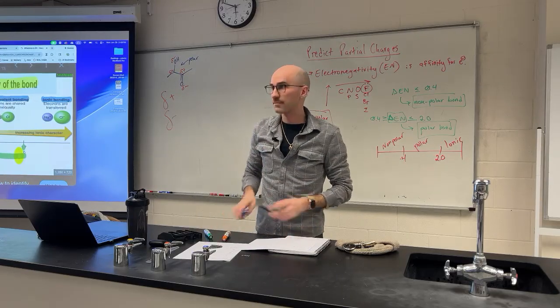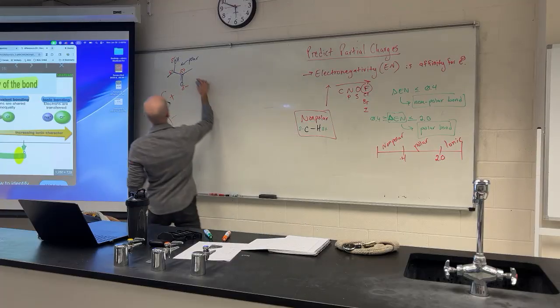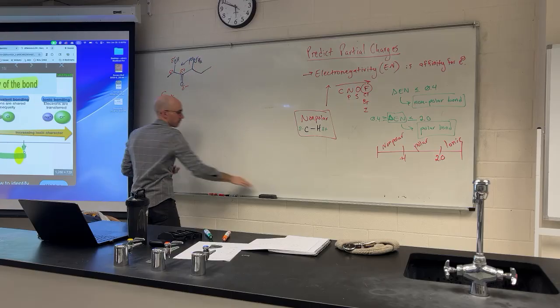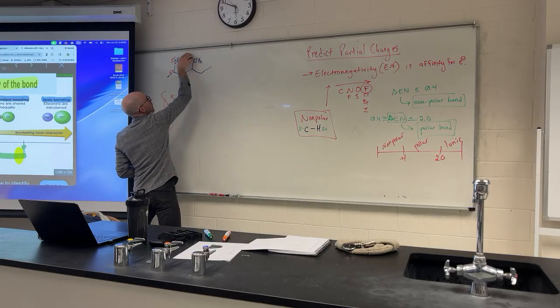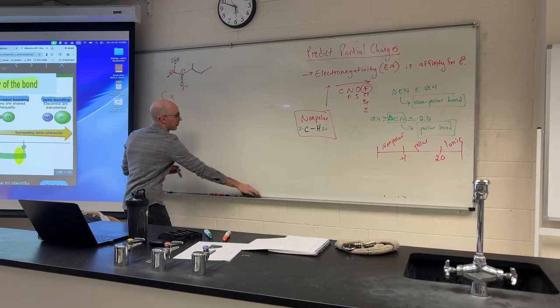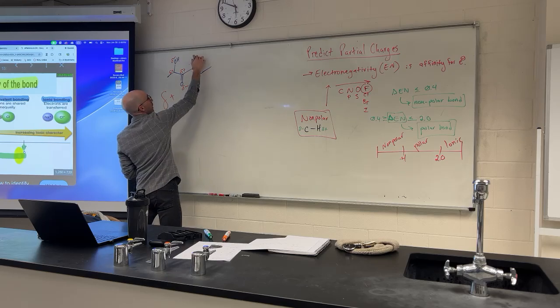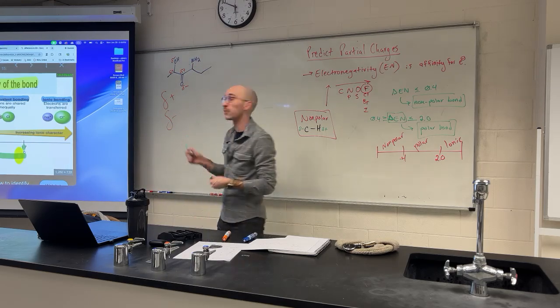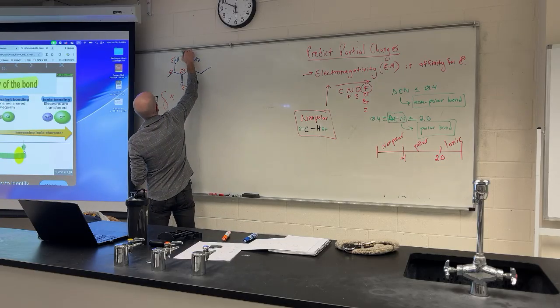C to N, polar bond or nonpolar bond? Now, here's the deal. You could get a table of electronegativity values. I think that's just going to slow you down, so I want you to be familiar with this. Also polar.